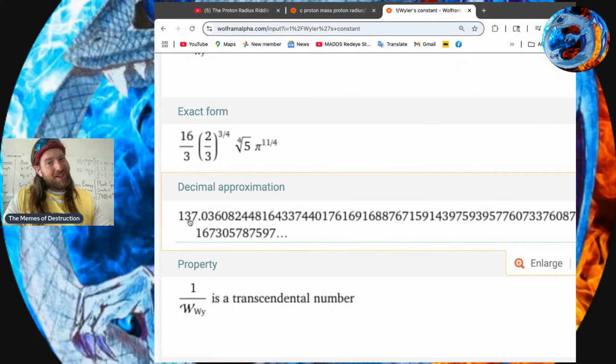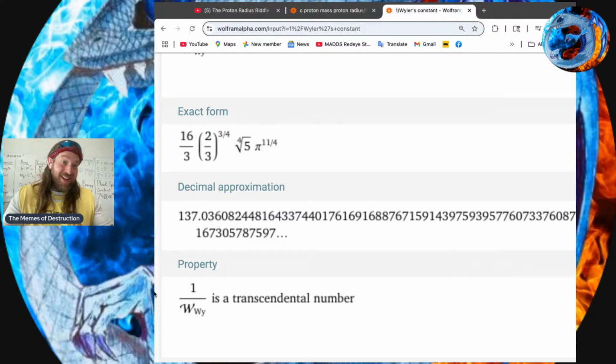Why? Because 137.0360 is pretty close to the actual 1 over 137.035999, and then we argue about the 10th significant digit there. So it's pretty dang close.